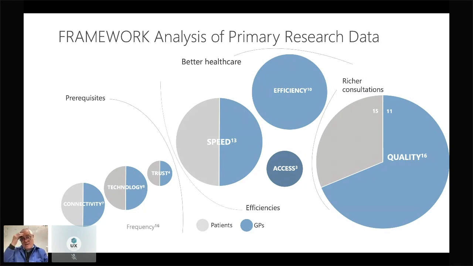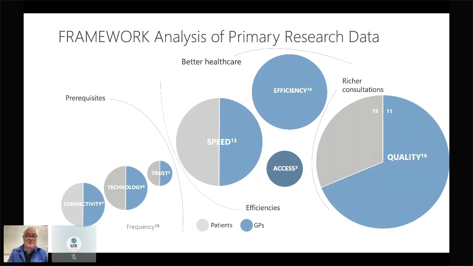And then the relationships between the different categories gives you a further level of insight. So you can see in this prerequisites, it's all about quite basic things about how the service could work. So can you connect to it?